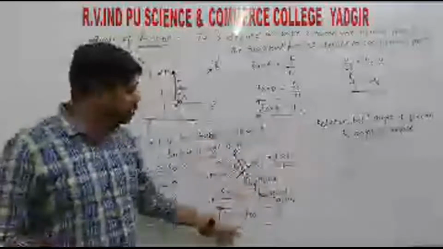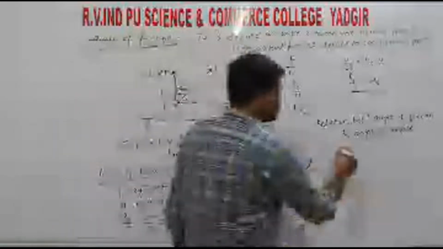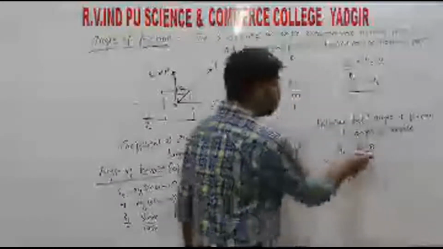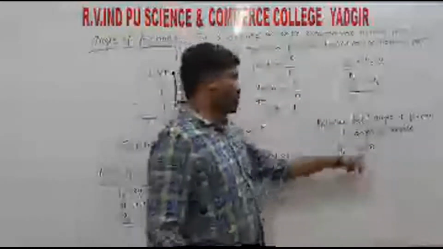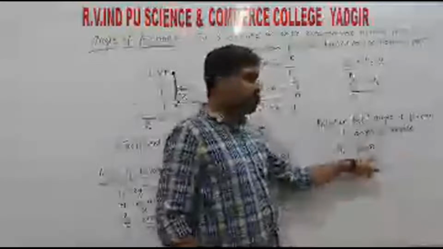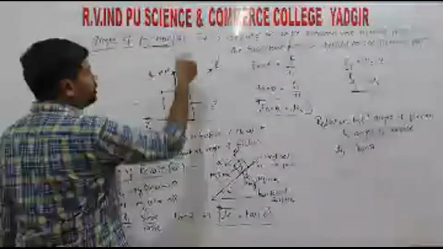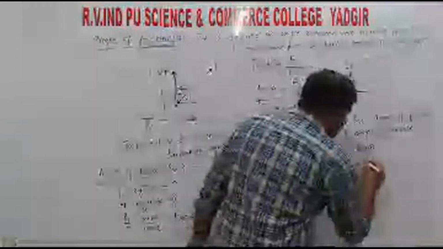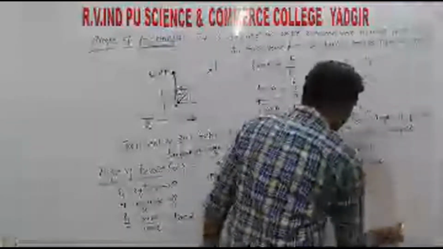So from these two equations, I will write here mu s is equal to tan theta. So this is from the angle of friction, where theta is the angle of friction, right? The same case, mu s is equal to tan alpha, where alpha is the angle of repose.